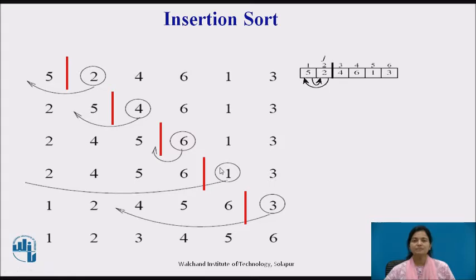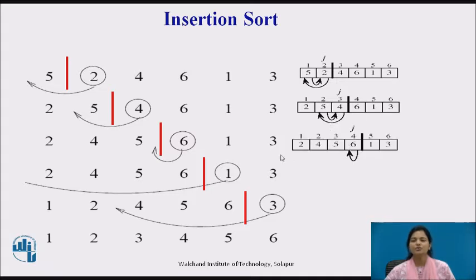Now we will see what we have done. In the first case we swapped 2 and 5. Then j is incremented, the next value is compared, and it is shifted. There is no shift when 6 is bigger.